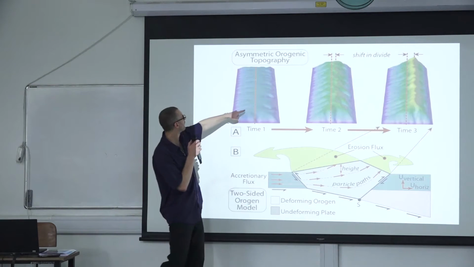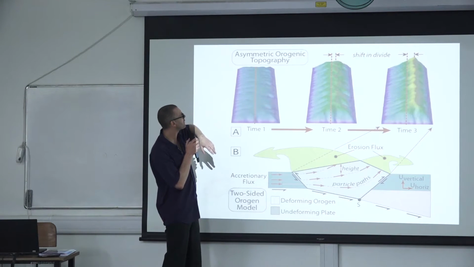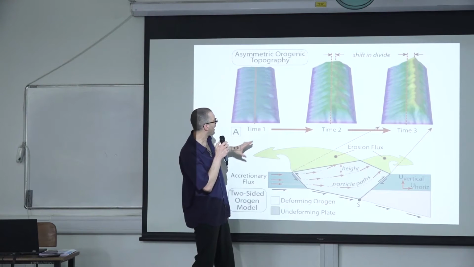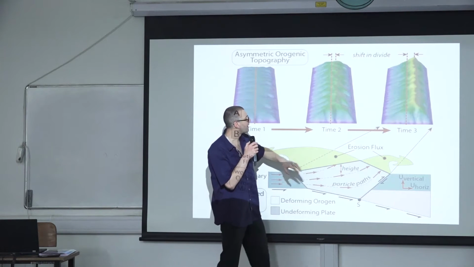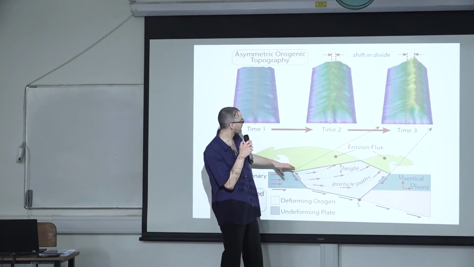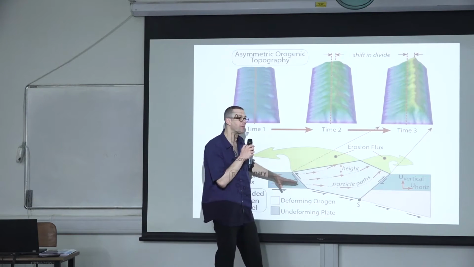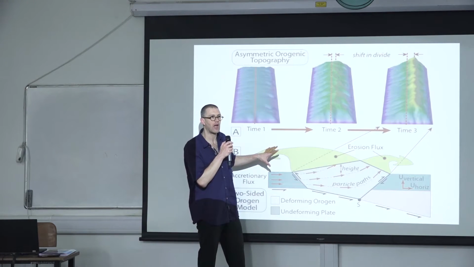So let's walk through this. So he put up a model like this. This is the drainage divide, and the model setup is in a way that you have much higher erosion on one side, lower erosional flux on the other side, and that means that essentially the exhumation pathways are being dragged towards the direction where you have higher surface fluxes.